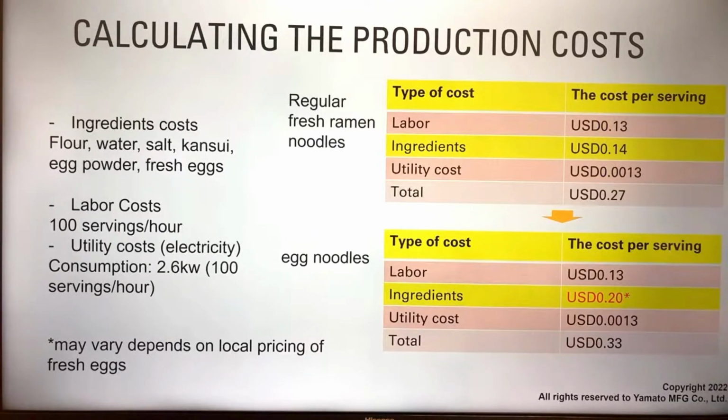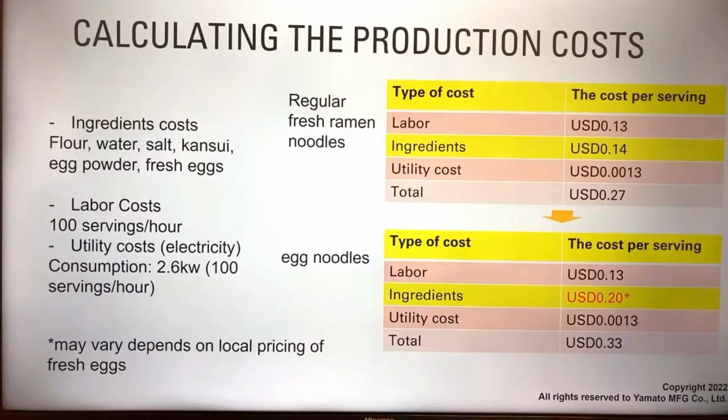Say the worker makes 100 servings an hour, then if you divide by 100, we have the labor cost to make one serving. And utility costs, basically electricity. But if you're paying a lot for your water, you might want to take it into account here.